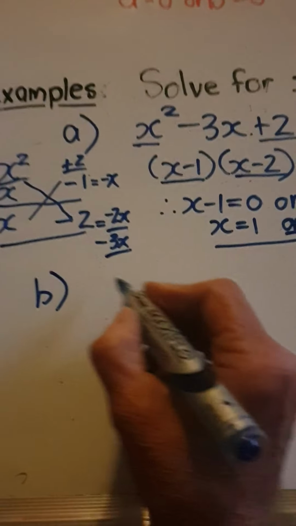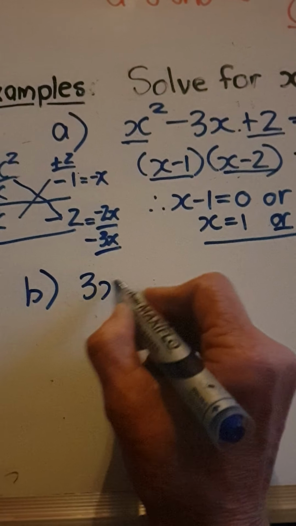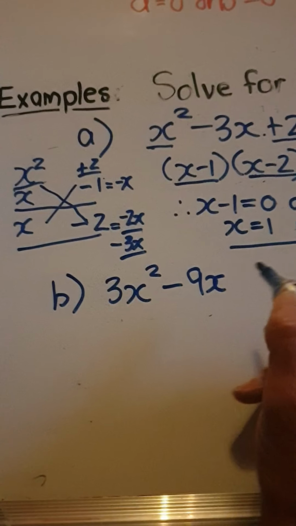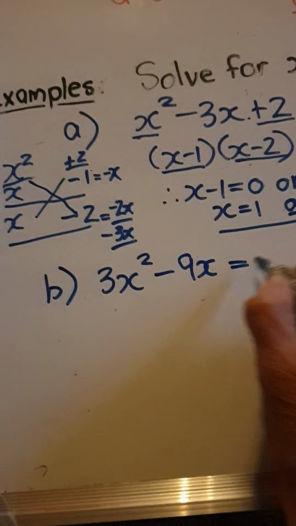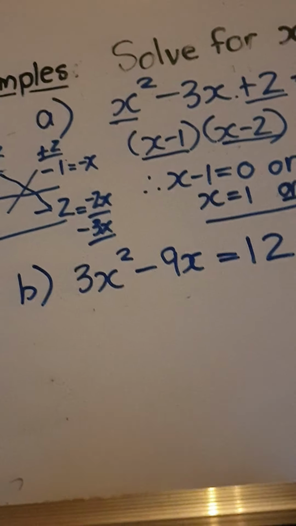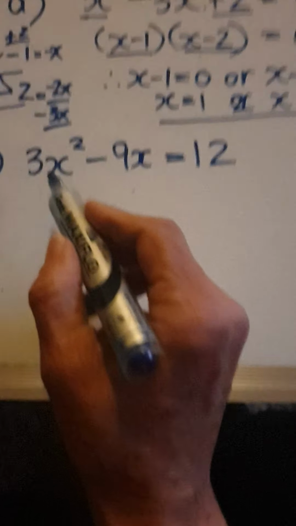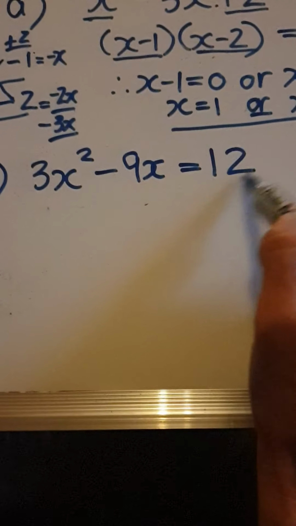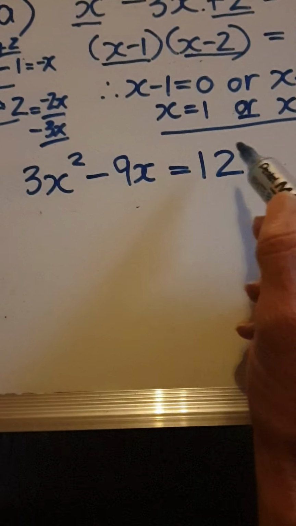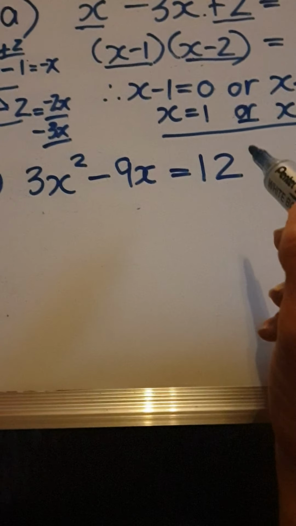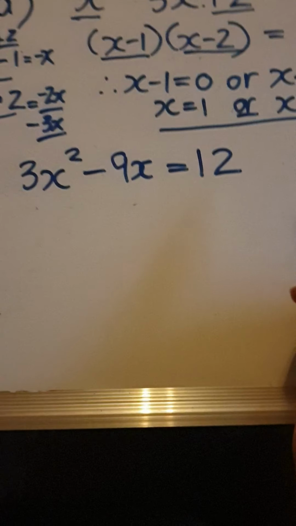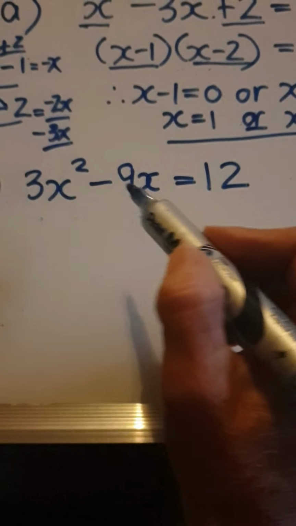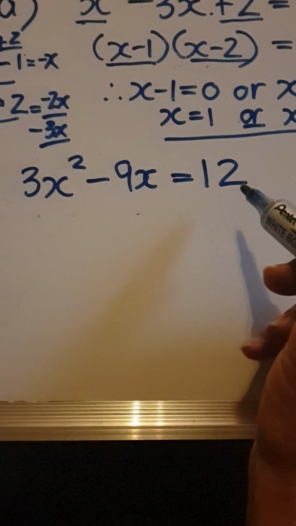If I have, say, 3x squared minus 9x equal to 12. Can you see here? I've got 3 terms, but one of the terms is on that side. I don't want this. I want 0 on the right hand side, because then I can factorize and say the product of factors must be 0.